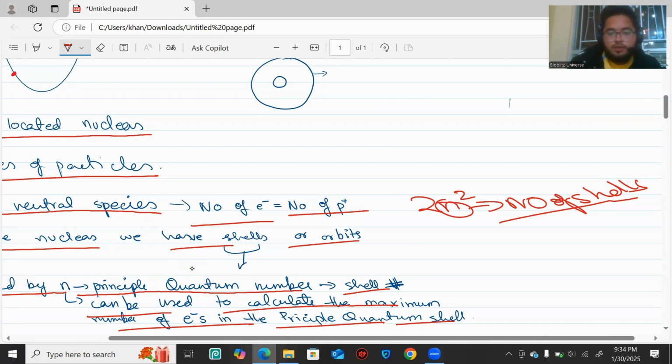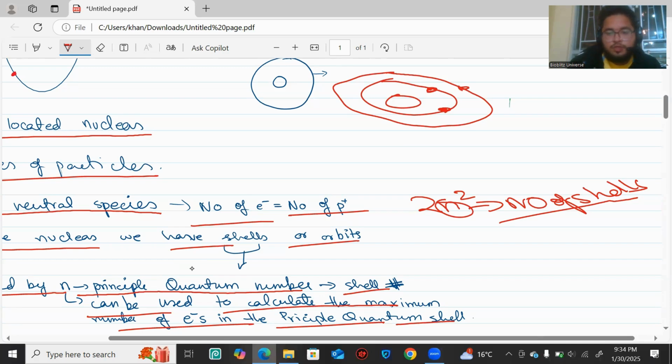Let's suppose there are two shells. By this formula, we can put the values in place of n, and we get that 8 electrons can be accommodated in the shell.